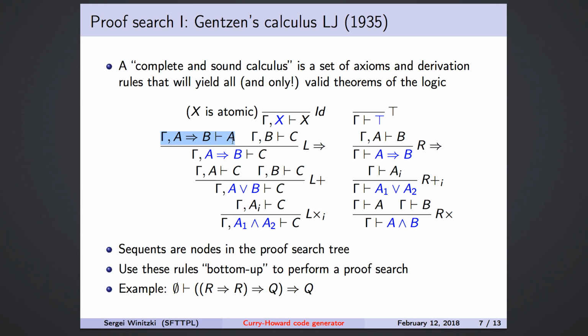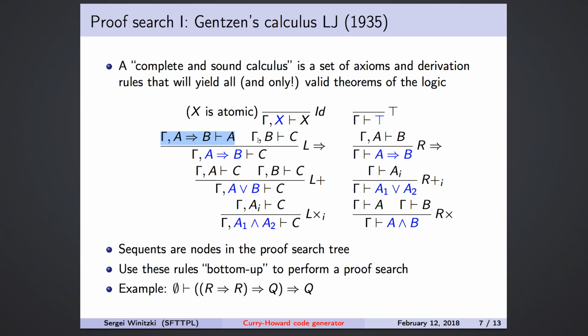It is a number of formulas on the left, then there's this turnstile symbol, and then there's one formula on the right in this logic. The formulas to the left are premises. This is what we assume to be already proved. Each of the formulas on the left is already proved, and on the right is what we want to prove. And so the sequent is a proof task of sorts.